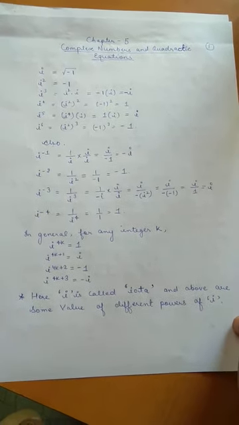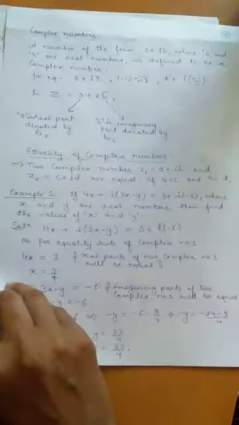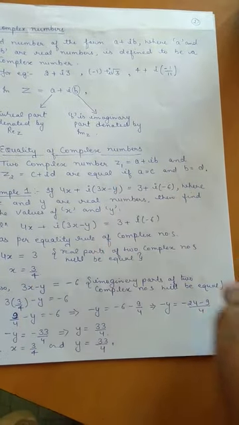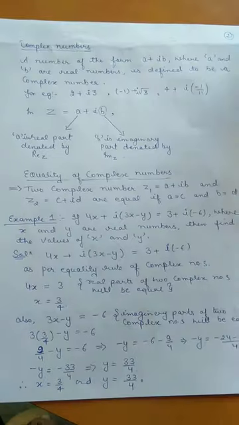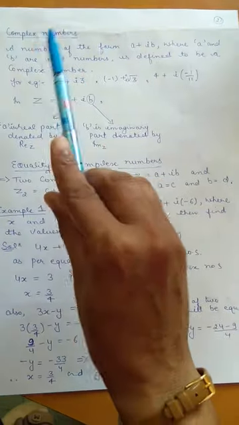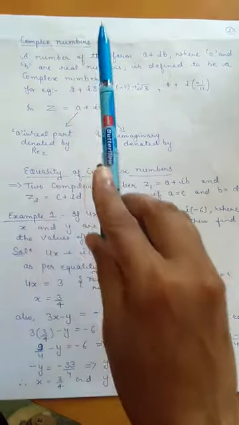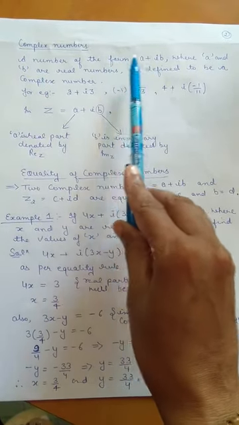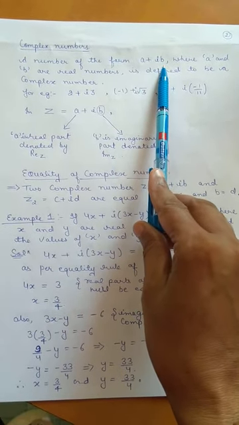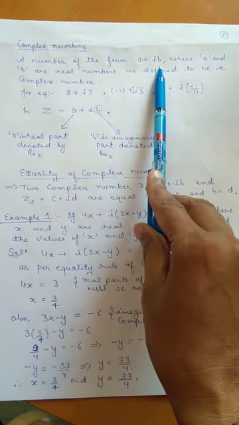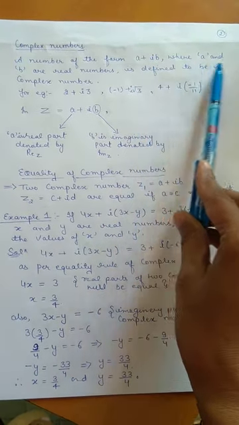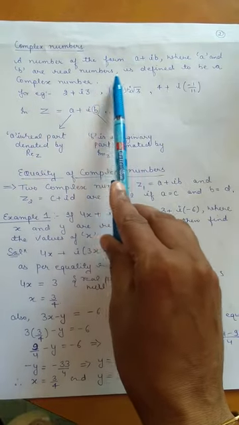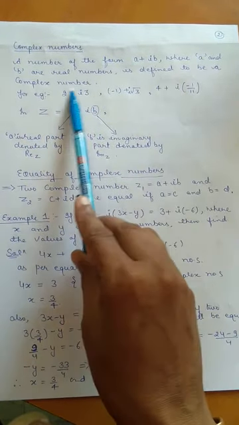Clear? Now let me move to the next part, that is the definition of a complex number. A number of the form a plus iota b, where a and b are real numbers, is defined to be a complex number.